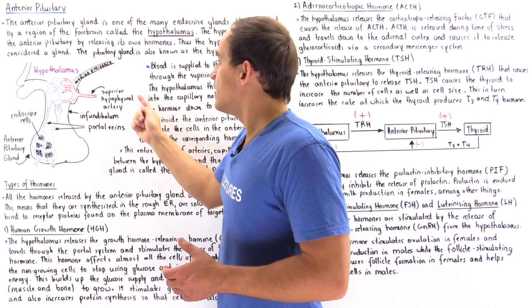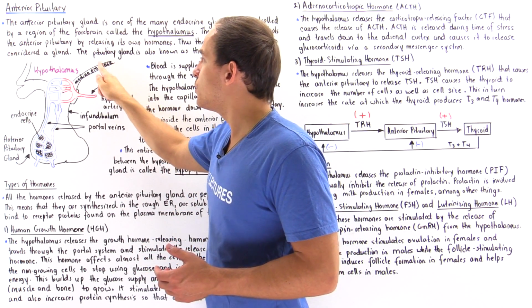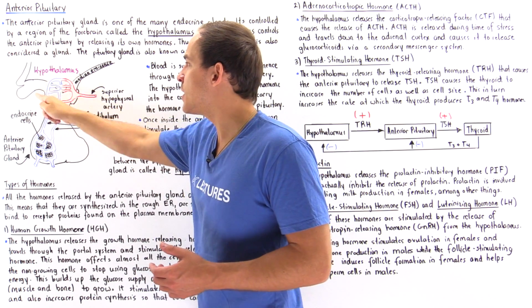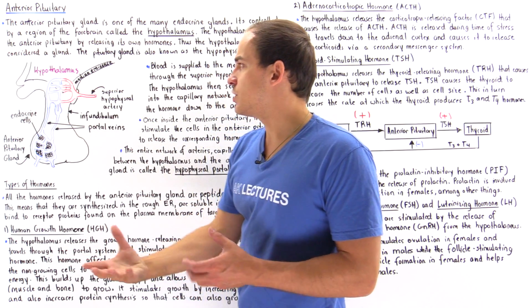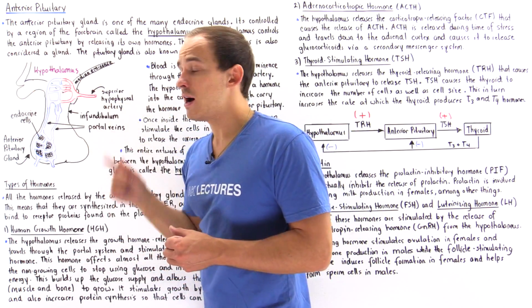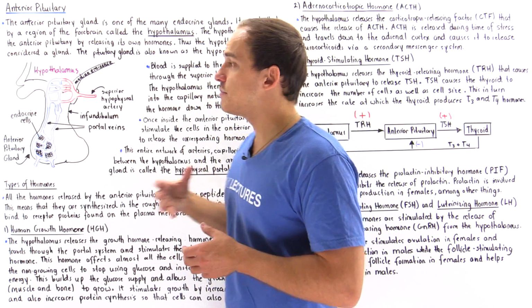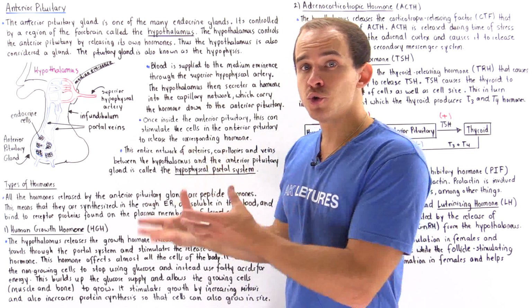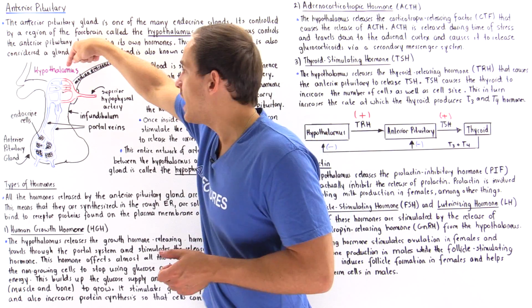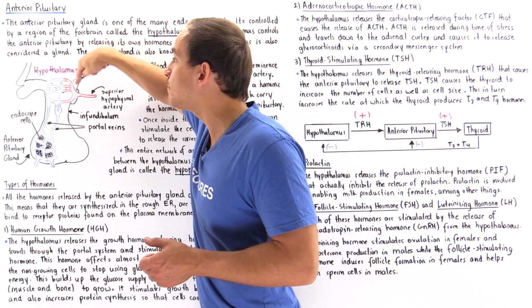So basically, this blood is carried into the median eminence of the hypothalamus. It brings the oxygen and the nutrients to the hypothalamus. At the same time, the hypothalamus produces and releases the hormones into this network of capillaries.